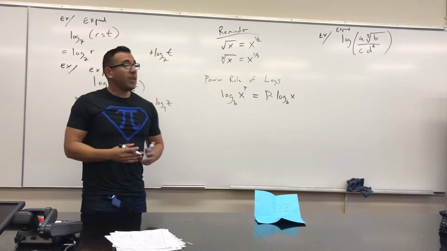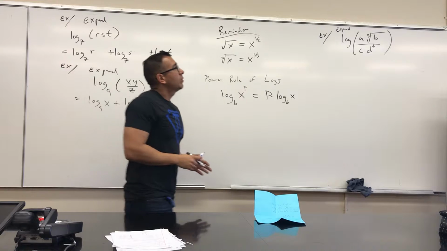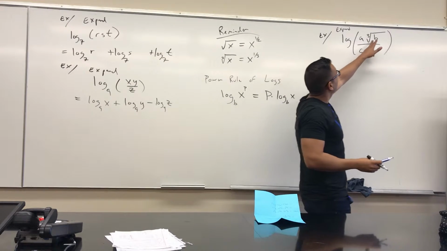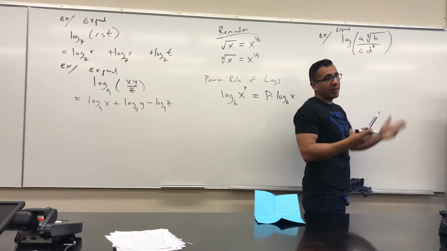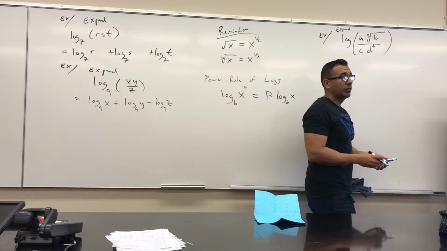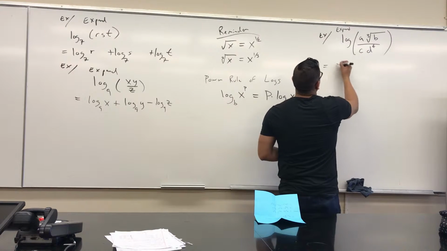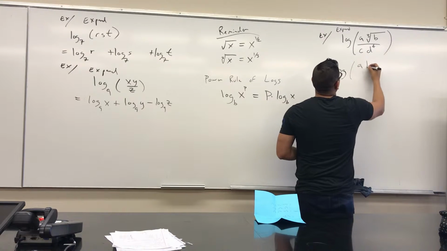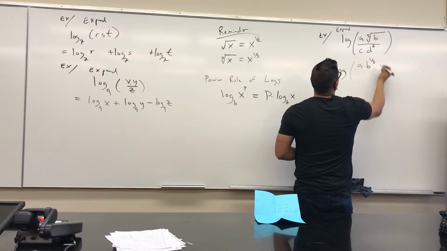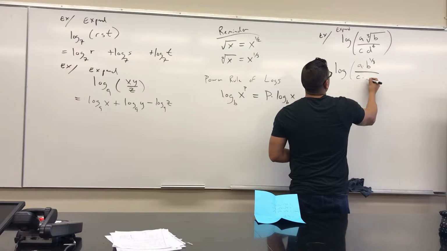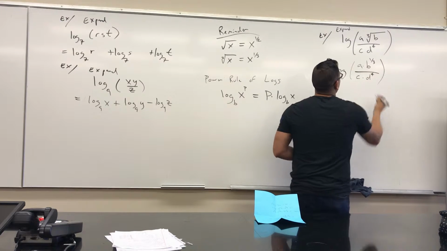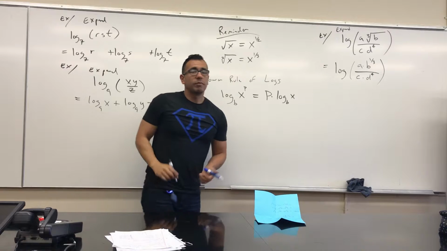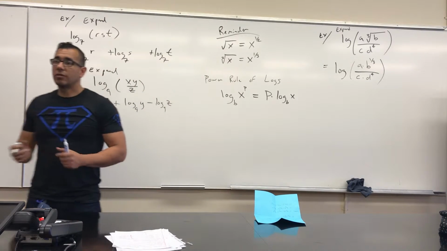Alright, so when we expand this, what would probably be helpful is if, instead of writing the cube root of B, I write it as B to what power? 1/3. So let me rewrite this. So this is the same thing as log of A times B to the 1/3 power over C times D to the 4th. Alright, so make sure you're able to rewrite that.